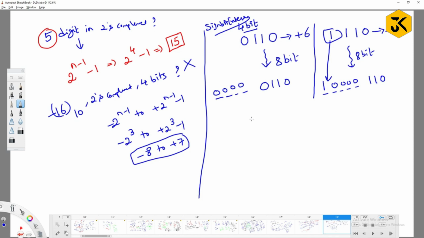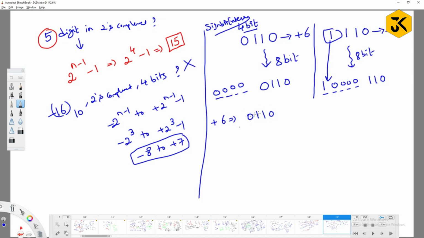If it is 4 bit, okay. If it is 16 bit, you have to extend it. How are we going to extend? The same number, for example, in ones complement. Plus 6 is actually 0110, right?